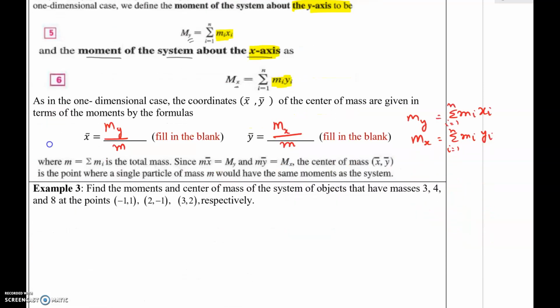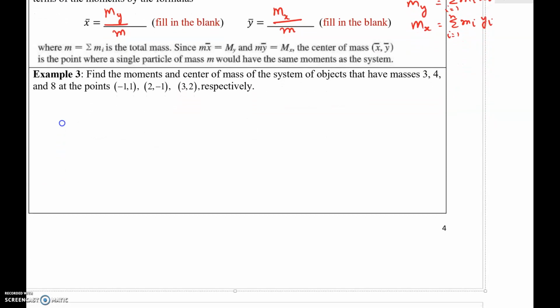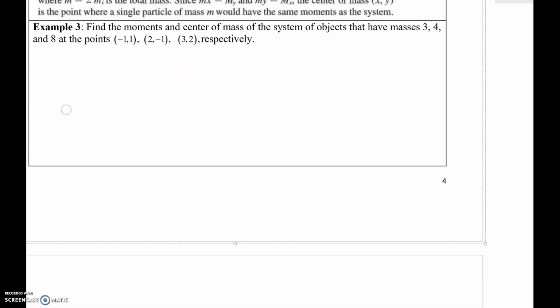We'll check this example, which is based on the moments. Example number 3 in your handout. Find the moments and center of mass of the system of objects that have masses 3, 4 and 8 at the points (-1, 1), (2, -1), and (3, 2) respectively. Here we are asked to find the center of mass.